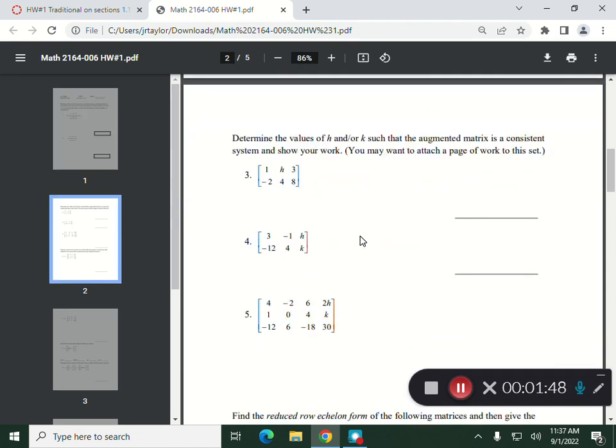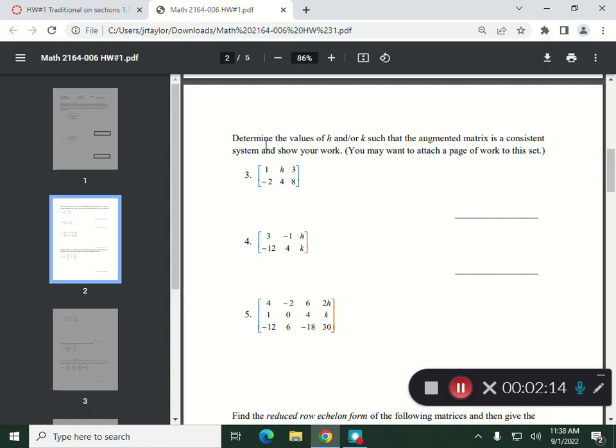Okay, over here, your job is to use these matrices and think of them as augmented matrices, so they're systems of equations. I put this weird letter H or K in there, and you're supposed to tell me the value of H and K that would actually make this a consistent system. Please tell me about consistency. There are 2 kinds of consistent.